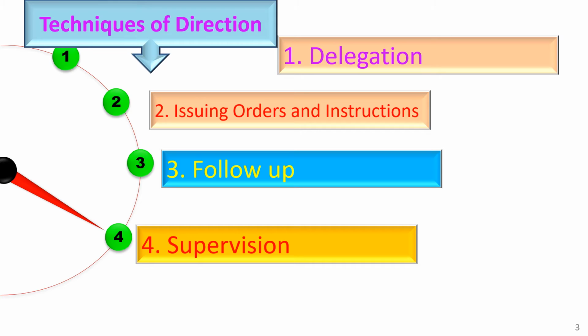Every executive has to supervise the work of his subordinates. Supervision is most important. At the operating level, the supervisor is in direct touch with the workers, explains the proper methods of work, maintains discipline, and solves various problems.